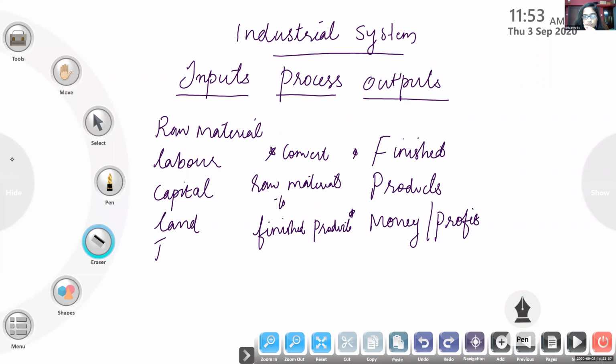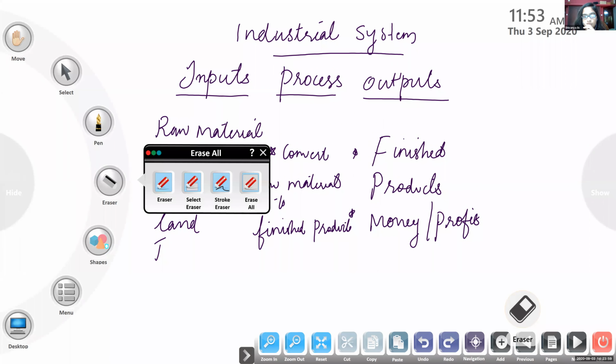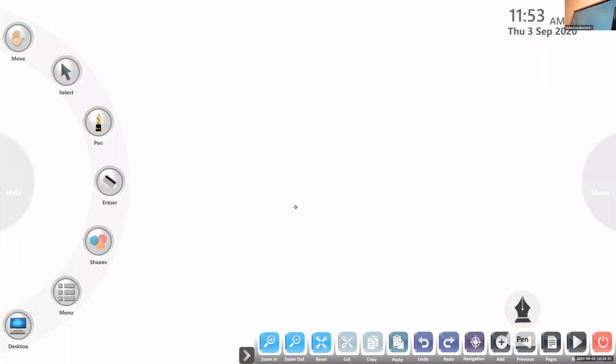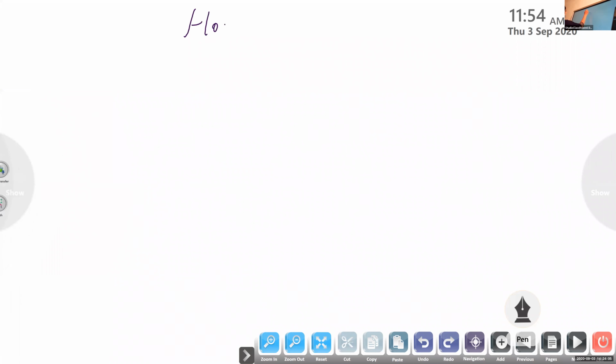Next important topic: what is the meaning of industrialization? Industrialization means development of industries in a country or in a region. Development of industries or setting up of more industries in a region, right? That is industrialization.